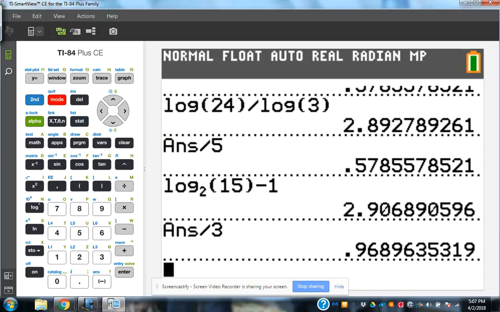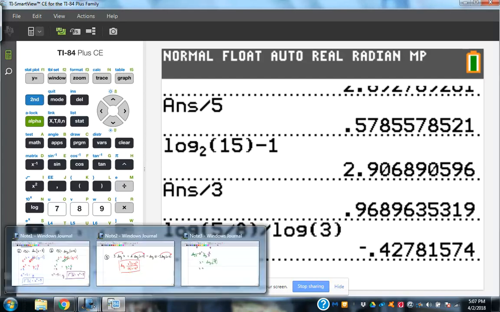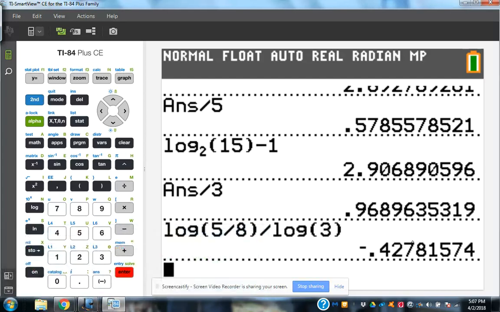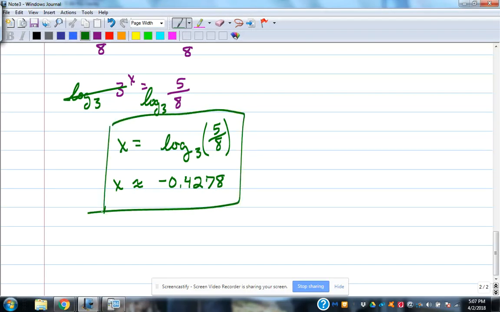We want log of 5/8 divided by log of 3. Negative 0.4278. Go 4 decimal places again. So there's the exact solution and a decimal approximation.